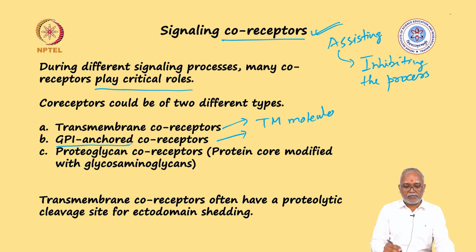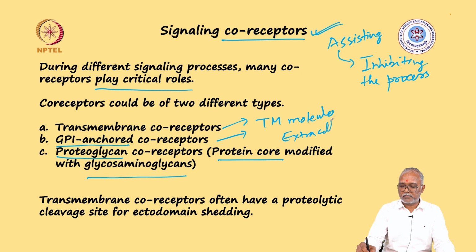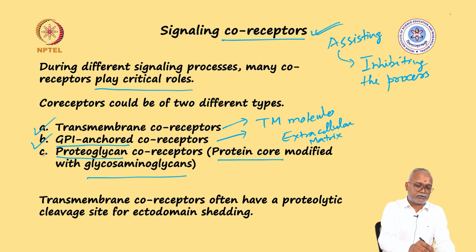And then the third type are proteoglycan co-receptors, where there is a protein core and the protein core is modified by glycosaminoglycan. The extracellular matrix in connective tissues is where these glycosaminoglycans are present, which will be modifying the protein. So there are three distinct classes available for co-receptors.